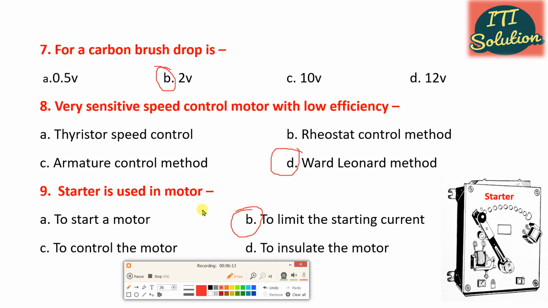At the time of starting, the motor is stationary. There is no back EMF in the armature because the speed is 0. If the motor is directly switched on to the mains, the armature will draw a heavy current because of the small armature resistance.